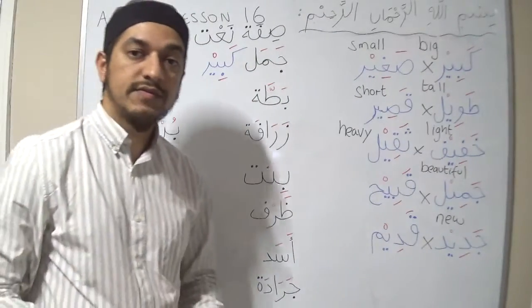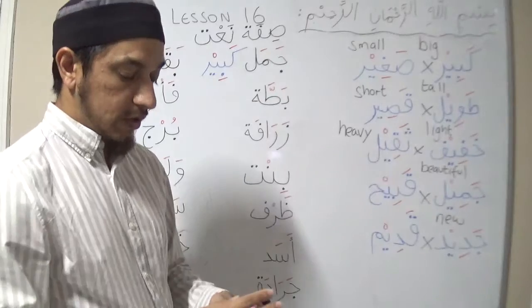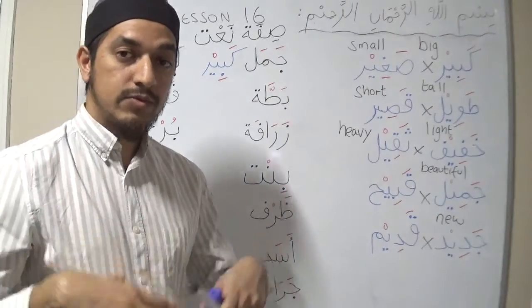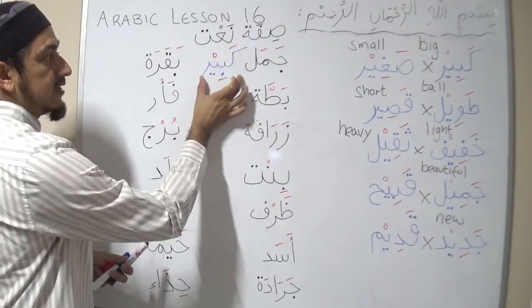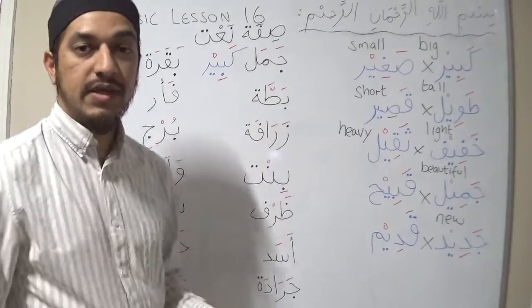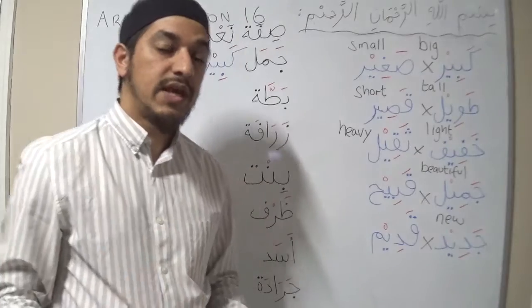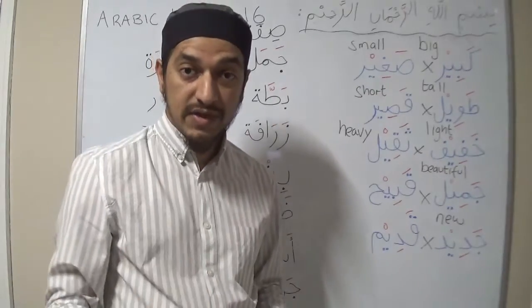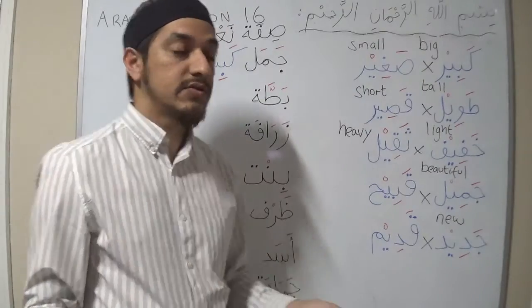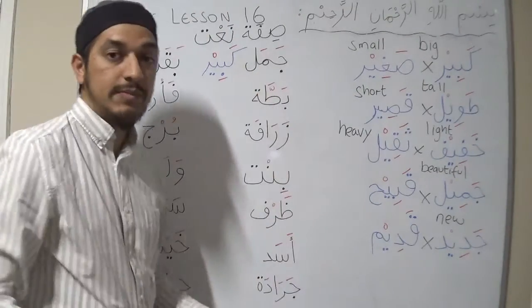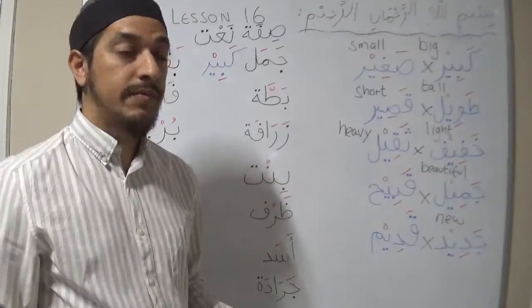Now, with adjectives, there are two rules I'll say from now so we understand adjectives. The adjective follows the noun grammatically in whether it has the alif lam, so it's a specific thing or a general thing, so unspecified. So here it's unspecified, I'm talking about a camel, not the camel.